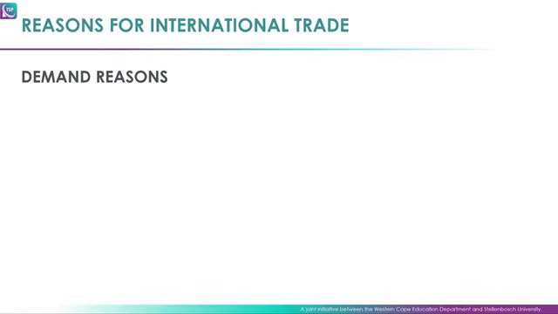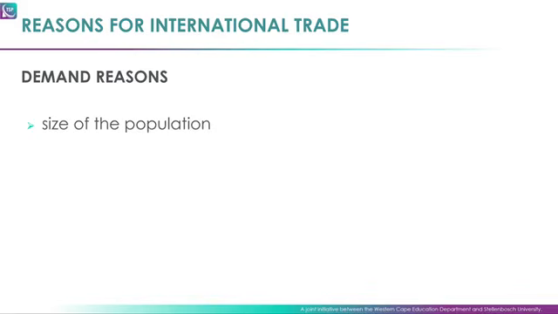So with the demand reasons, the first one we're going to look at is the size of the population. So obviously, as the population growth increases, demand is going to increase. And remember, the size of the population can increase either through an increase in birth rates or people coming from outside to settle in our country, right?